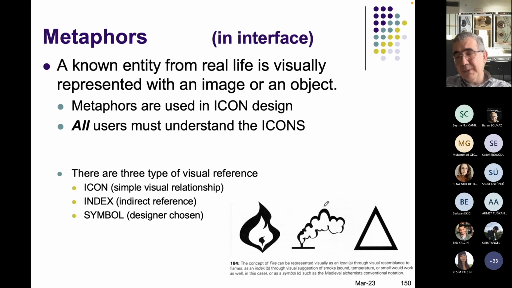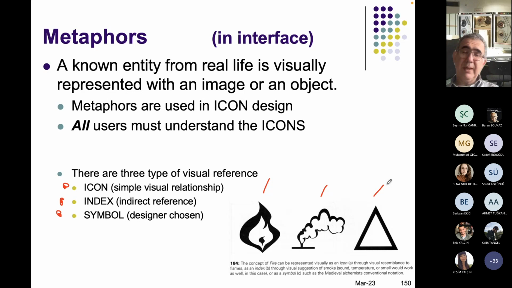There are different types of visual references. One is icon, second is index, the third is symbol. So icon, index, and symbol. So what are these? This is icon. The second one is index. The third one is symbol.